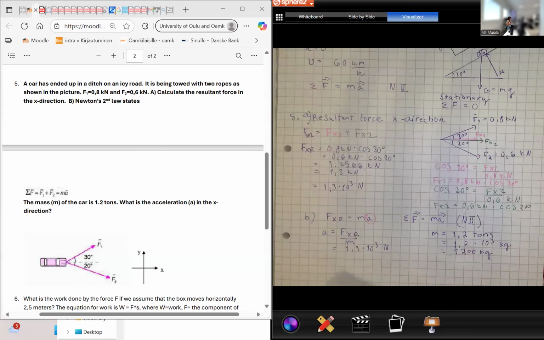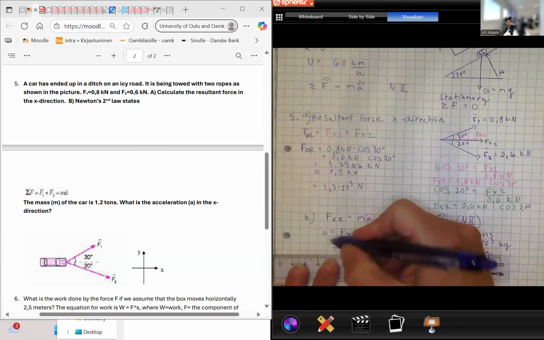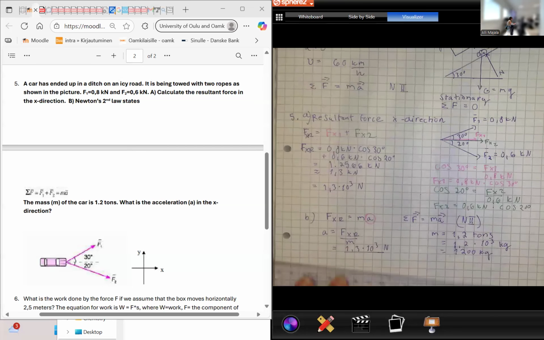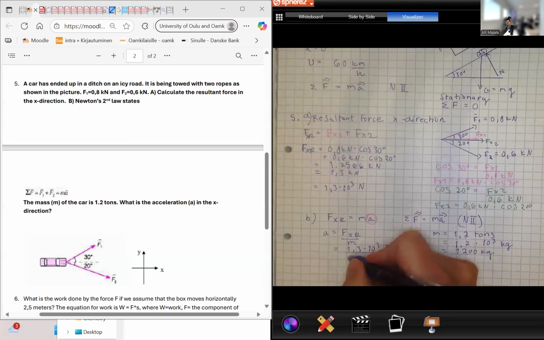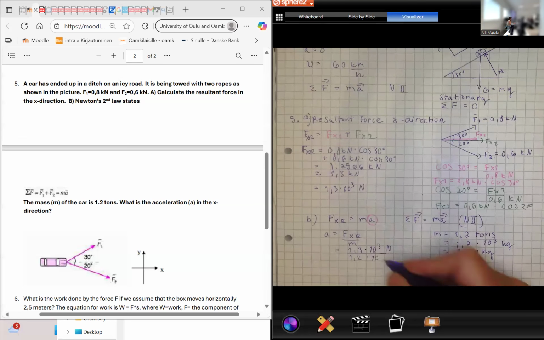I can also put it here like this, 1.2 times kilograms, which would mean that I could take this out, yeah?